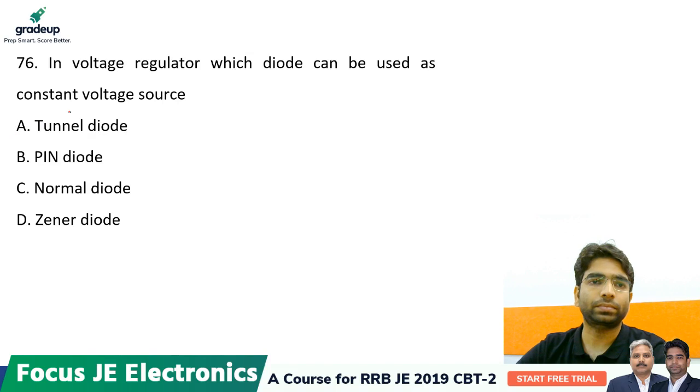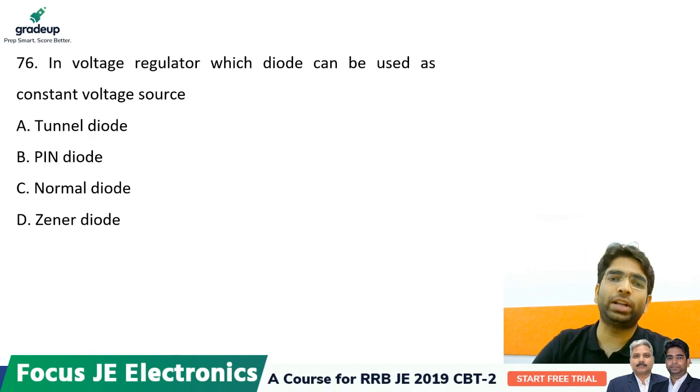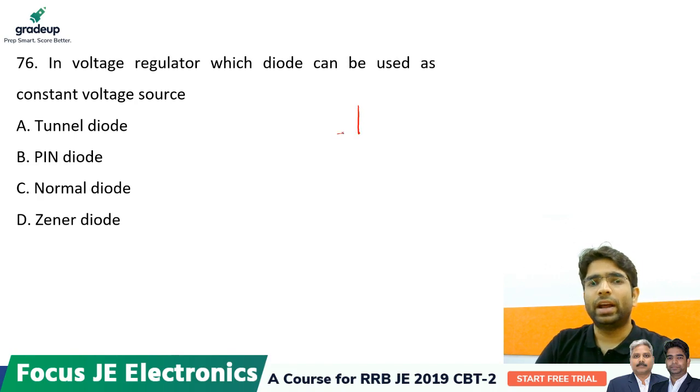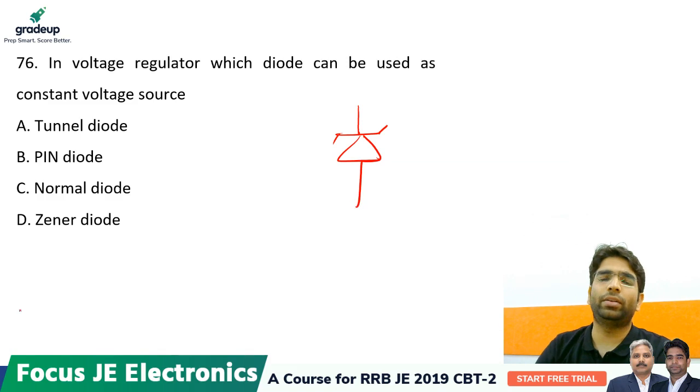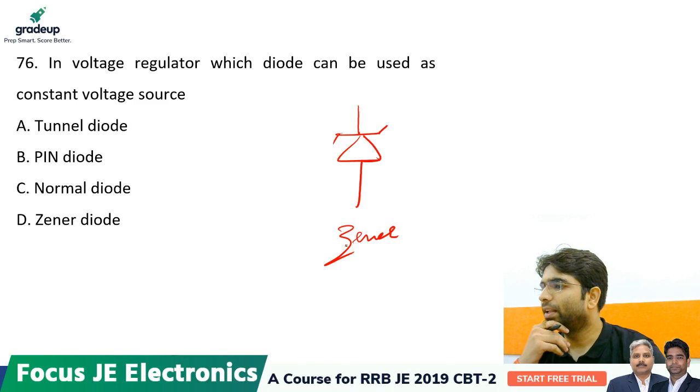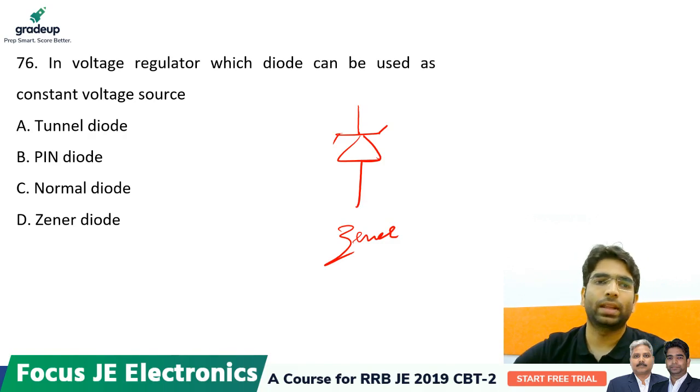In a voltage regulator, which diode can be used as a constant voltage source? If it is talking about the voltage regulator, can you remember what this diode is called? Yes, this diode is called a Zener diode. Good.